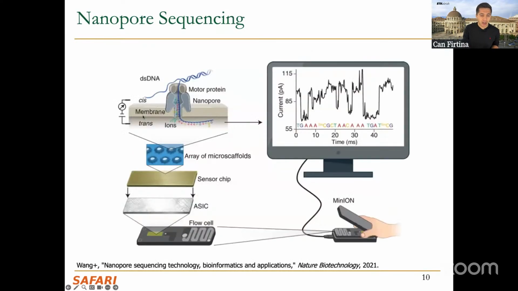I'll go back to this slide again. As people worked on this, the main development was the motor protein here that controls the speed at which DNA moves through that tiny pore. We were able to reduce the speed and control it.